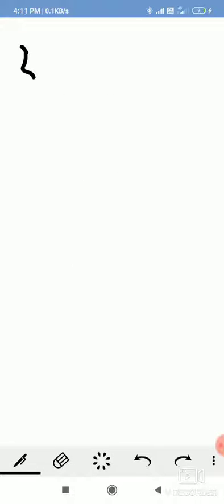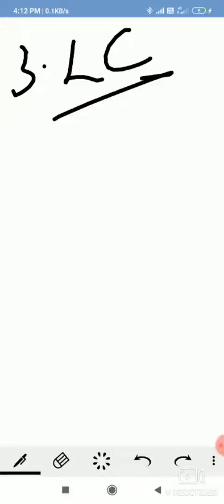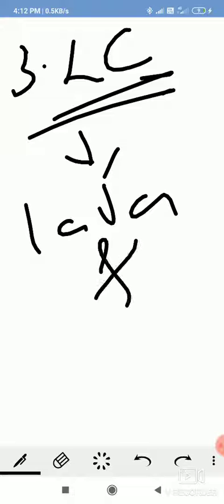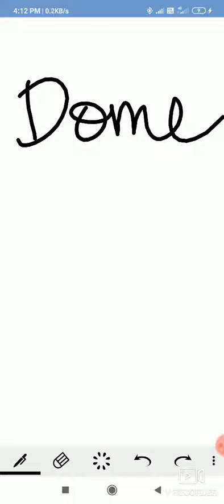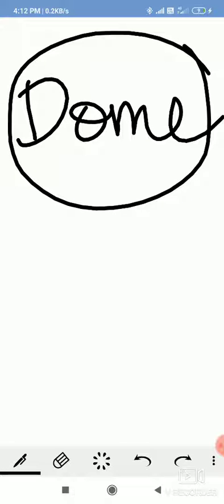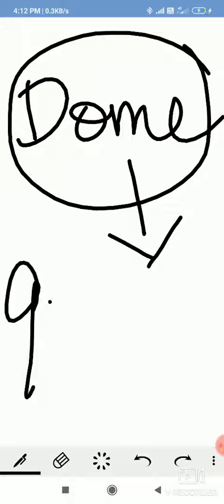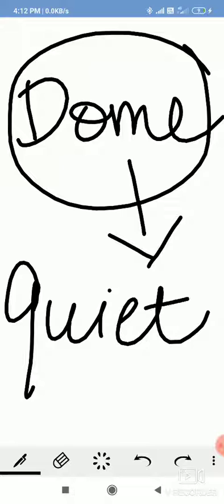The next positive relief feature is lava cones. Lava cones, composite cones, and cinder cones I have discussed in one of my videos. Lava cones are made up of lava flows. Cinder cones are conical in shape and lava cones are dome shaped. Since these are made up of lava flows, they are formed due to quiet or effusive eruption.